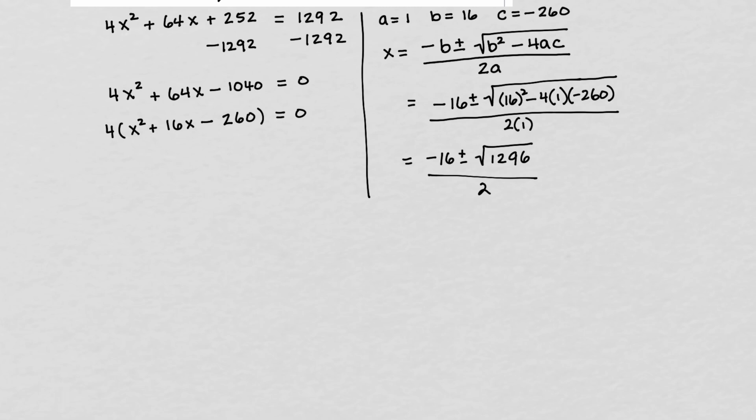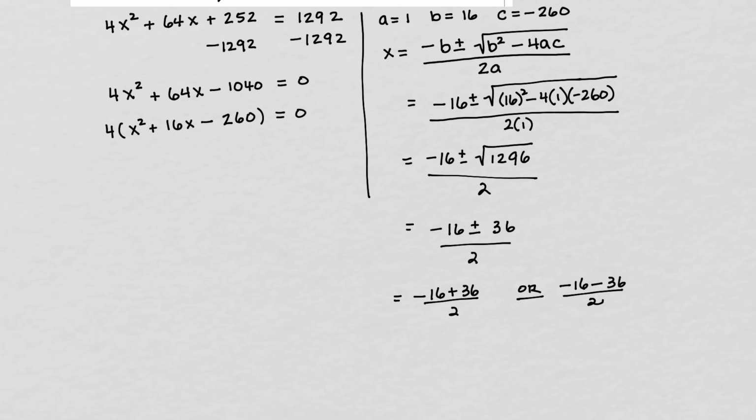So this is going to be negative 16 plus or minus 36, since the square root of 1,296 is 36. And I can say that this is equal to negative 16 plus 36 over 2, or negative 16 minus 36 over 2.